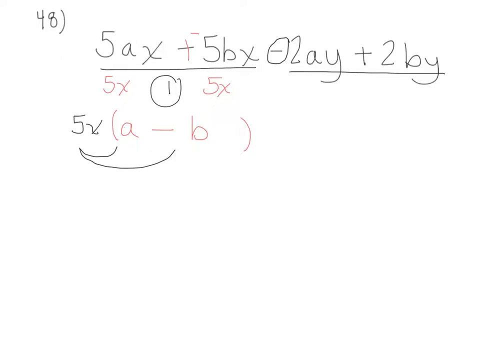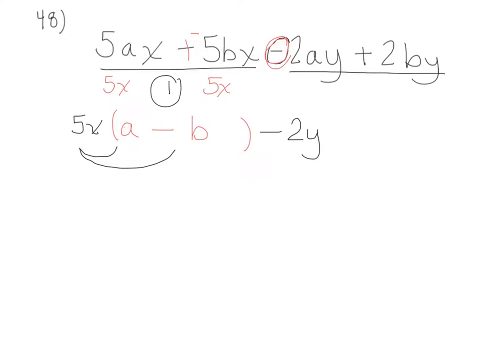Now, the second group, I notice there's that minus in front of that second group. That's crucial. What I always encourage students to do is to pull that minus out with the greatest common factor. So I notice that each of those terms underlined is divisible by 2, and each is divisible by y. So I'm going to pull out a minus 2y.